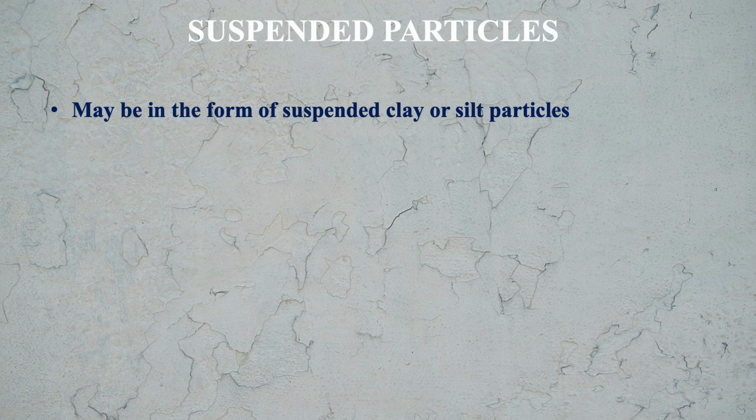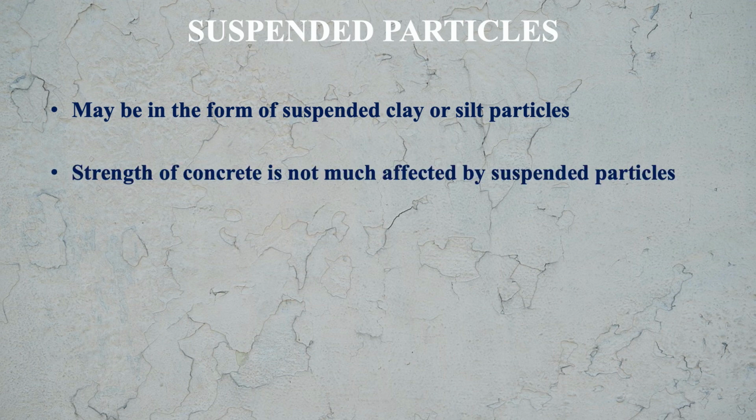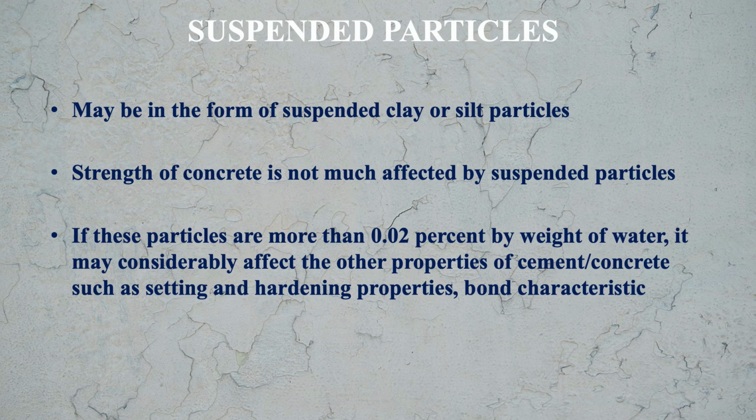So what are the suspended particles and how may they affect concrete? Suspended particles may be in the form of suspended clay or silt particles. Strength of concrete is not much affected by suspended particles even if these particles are more than 0.2% by weight of water.